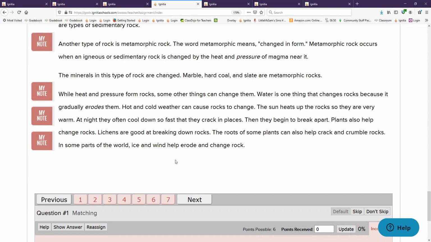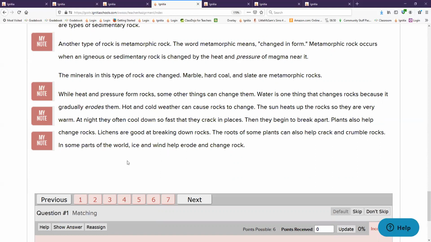Okay, what are some things that break down rocks? Pause the video and see how many you can think of. Come on, pause the video. Seriously, pause it. See how many you can think of. Okay, you should have thought of heat and pressure, water, hot and cold, the sun, plants, including the roots of plants, and ice and wind.